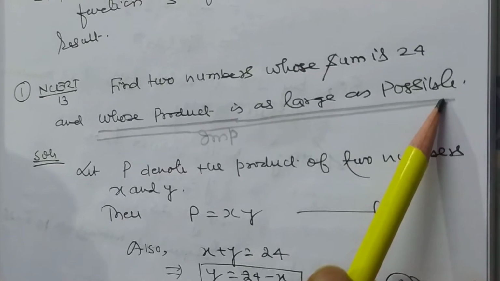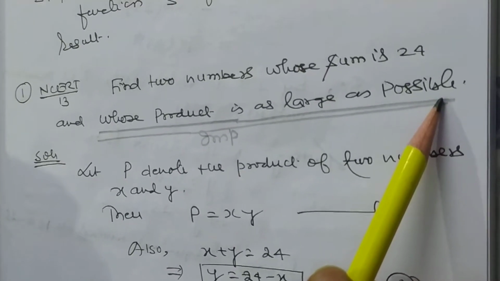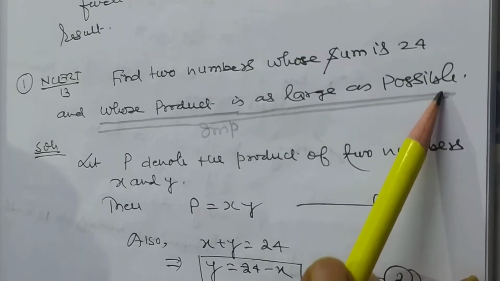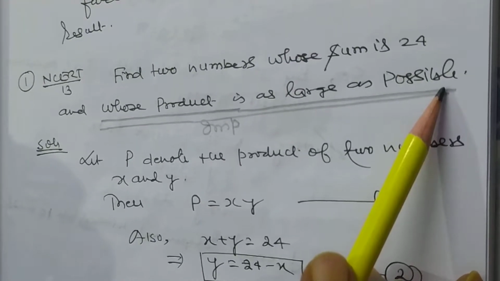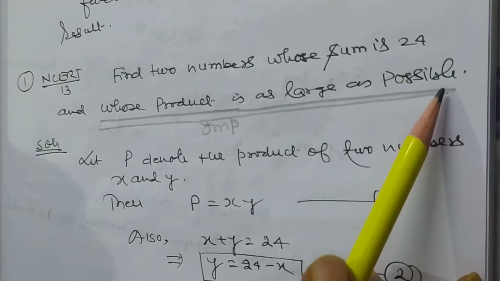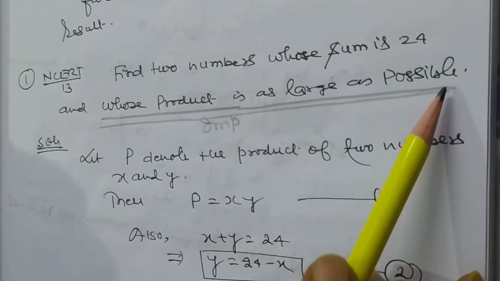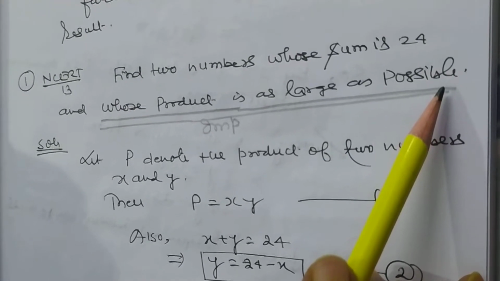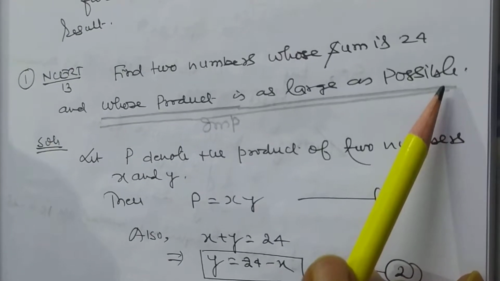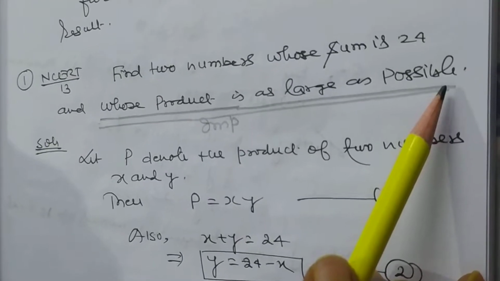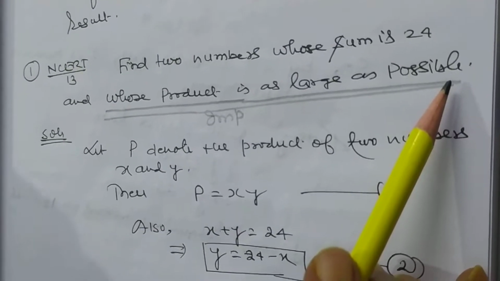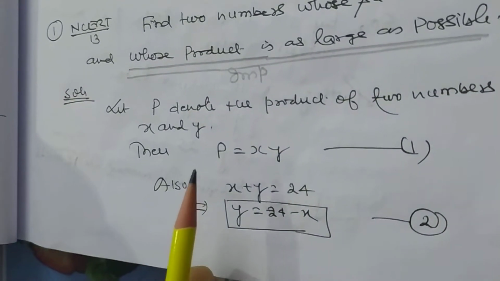To show the product is largest, you have to show d2p. If p is the product, then d2p by dx square will be negative, less than 0. So my dear students, now let us start.